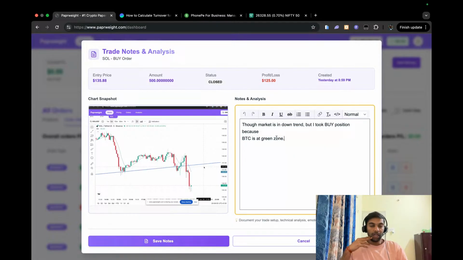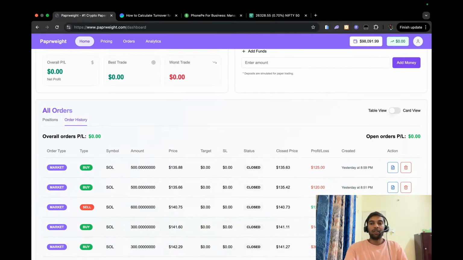So what I did is I wrote down: market is in downtrend, but I took a buy position because BTC is in the green zone, the buying zone, and even though the market was selling, I put the trade in the buying. So this is how you can do it.